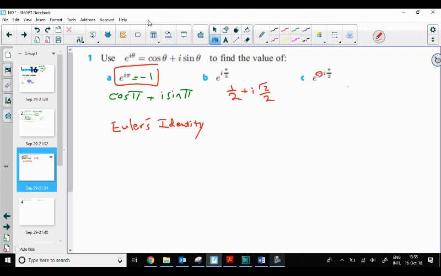I like to bring that negative into the pi over 2, so this is going to be cosine of -pi over 2, which is the same as cosine of pi over 2, which is 0, plus i times sine of -pi over 2, which is the same as negative sine of pi over 2, and sine of pi over 2 is 1. So that's just going to be -i. This number here is definitely 3. I don't know what I was thinking.